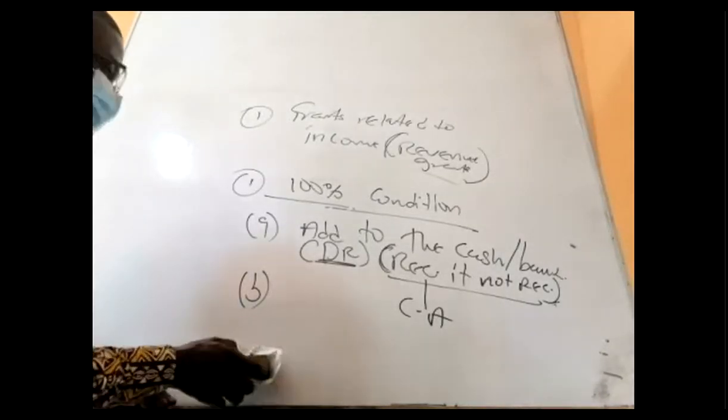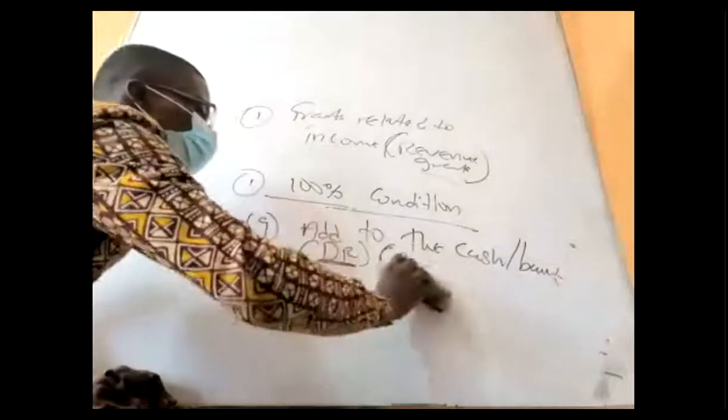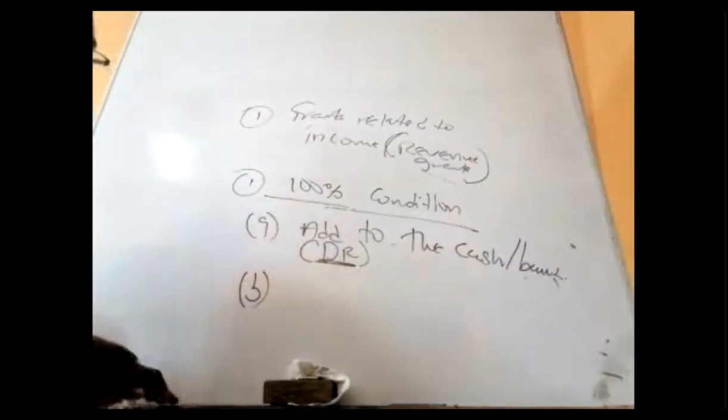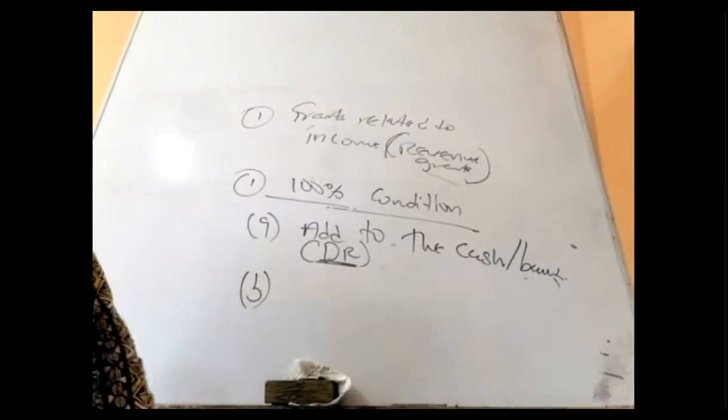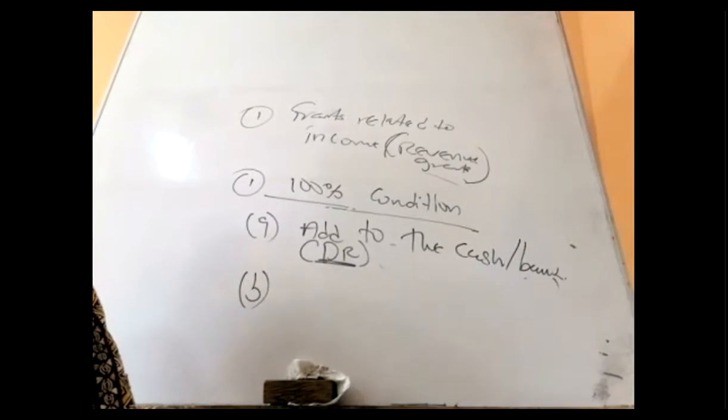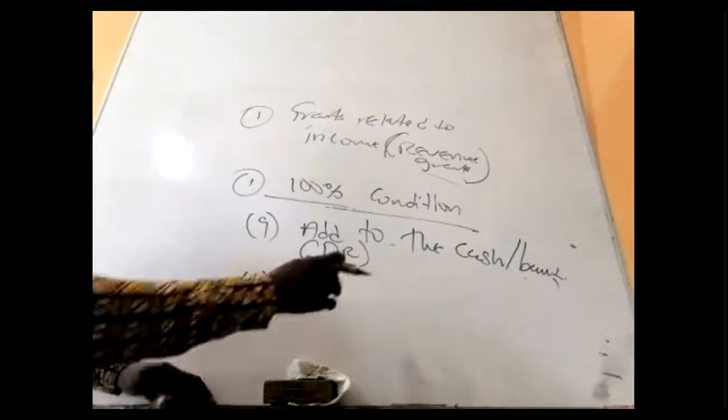If you have not received the money but you have fulfilled all the conditions, you are just hoping that the grant will be released to your account. Because you have satisfied all the conditions, now you can take record of it. So you add it to receivable.